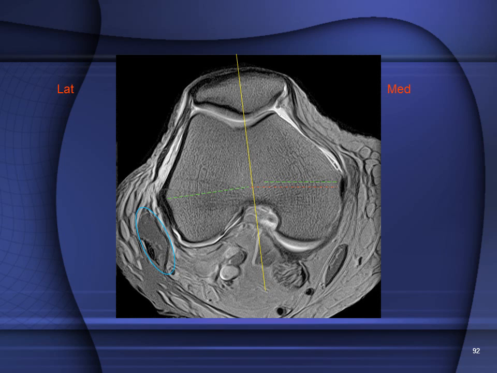This is the biceps femoris muscle. And assuming that all that is correct, then we must be looking from below and we must be looking at the right knee.